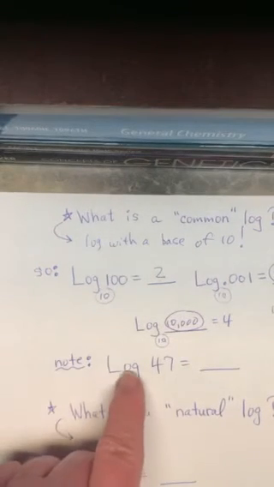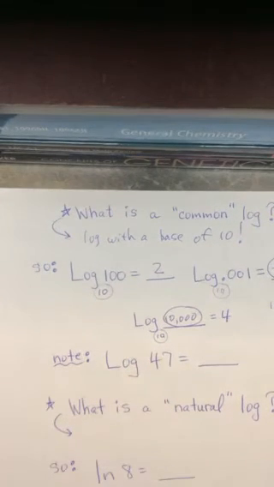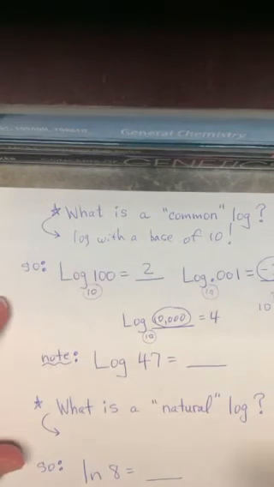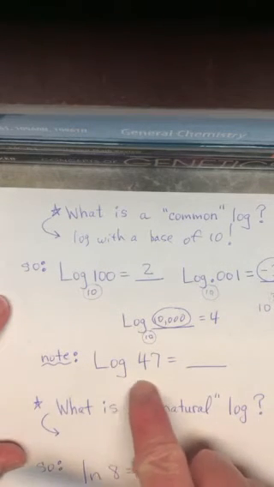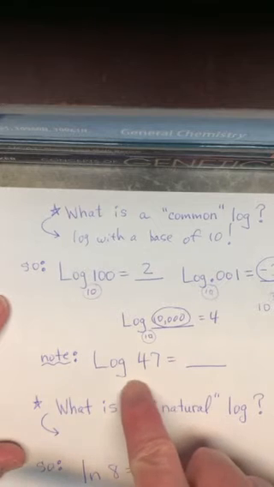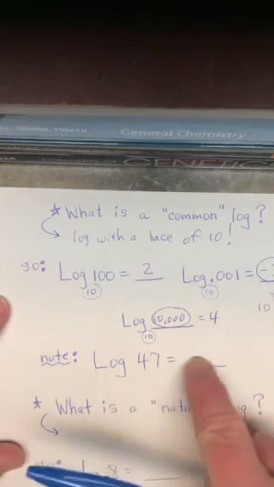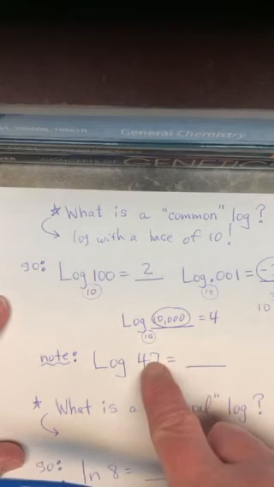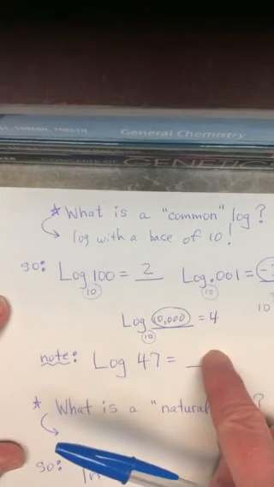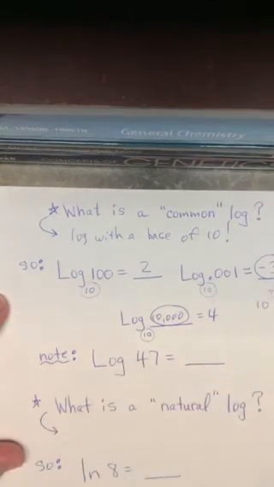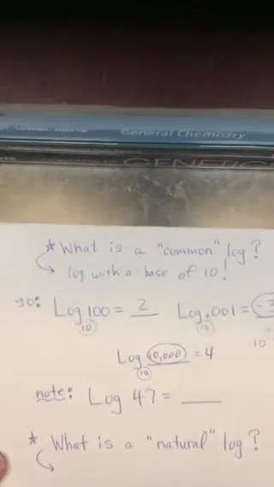Note, if I said, what's the log of 47? There's no way you can do that in your head, because think about it, my base is understood to be a 10, isn't it? 10 raised to the 1st power would be 10. 10 to the 2nd power would be 100. So this answer's got to be somewhere between 1 and 2, and the only way to get it, of course, is to use the good old log button on your calculator.